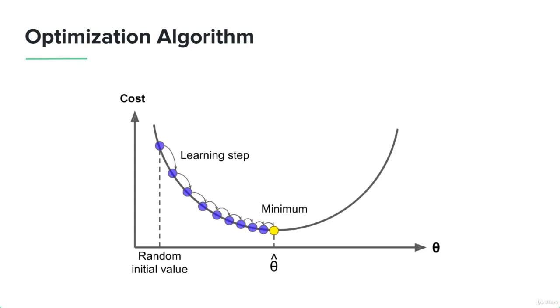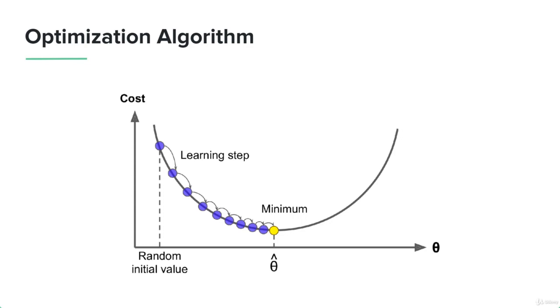But as the optimization algorithm proceeds, the cost will reduce and we will move towards the optimal theta values. With every step, the difference becomes smaller. At the beginning, the difference and the learning steps will be bigger, and as we move towards the global minimum, they will slowly become smaller.